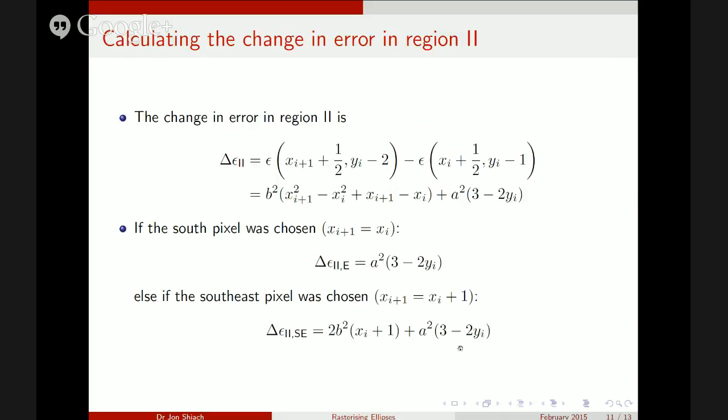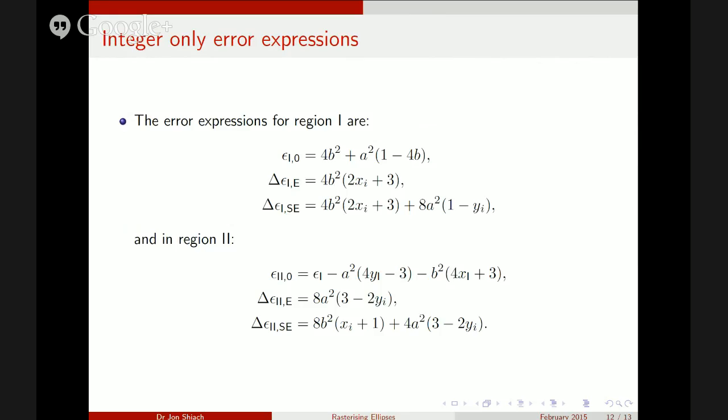Essentially you do the same thing, except we have different changes in errors. These are all integer-only expressions. We initialize the error for region 1 as this, and we change the errors accordingly.